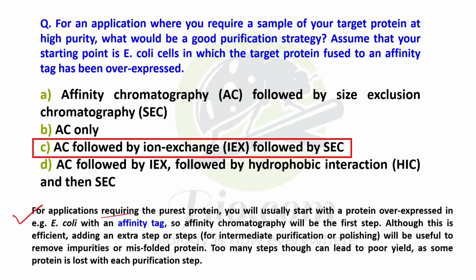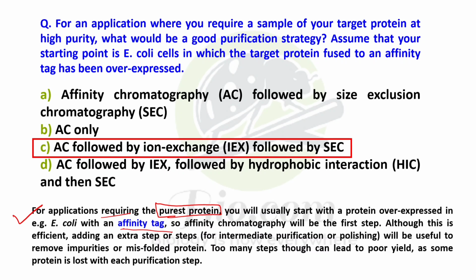For an application requiring the purest protein, if you want the purest form of protein for any such application, you will start with affinity chromatography. Affinity chromatography will be your go-to first step for purifying a protein.